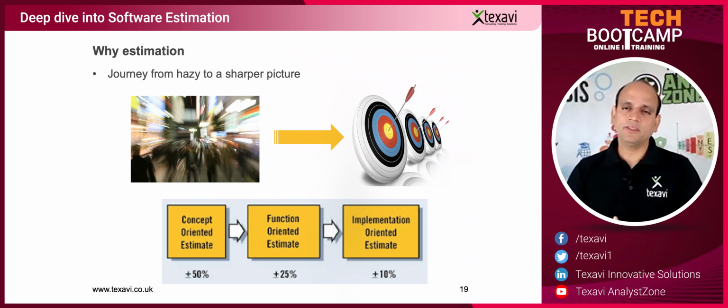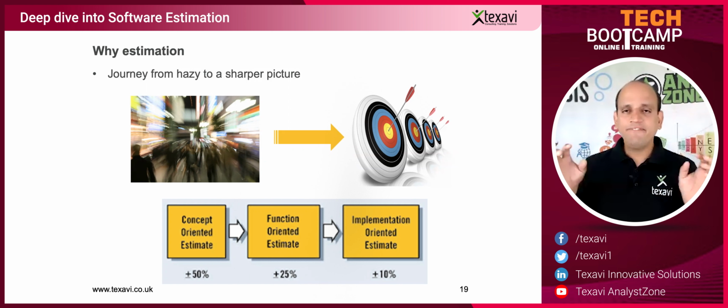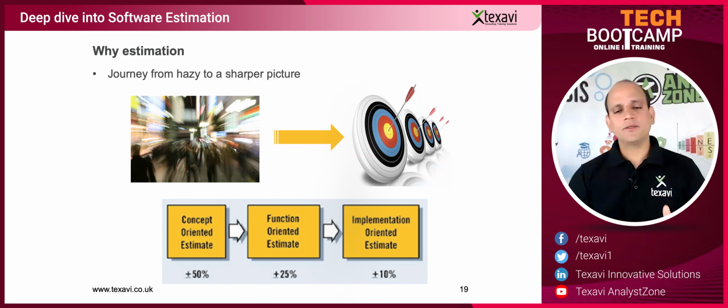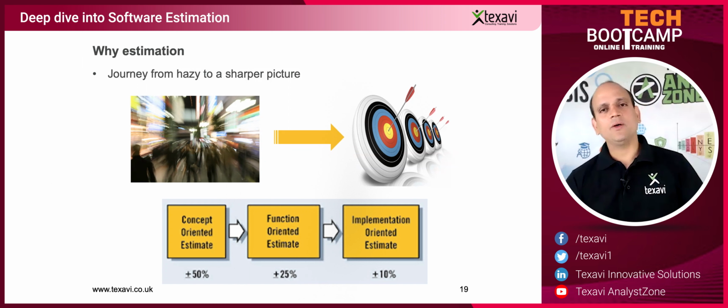The reason for that is basically that you've got more and more detailing, more and more handle on the variables, the external factors as well as internal factors that could affect your estimate. So it is important to understand at what stage you're trying to do the estimation.